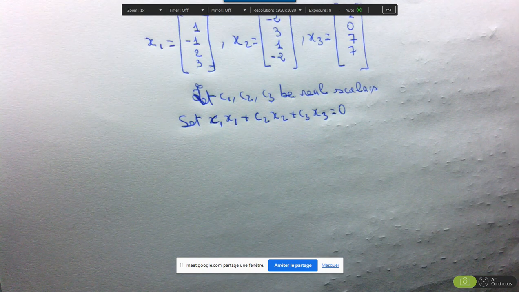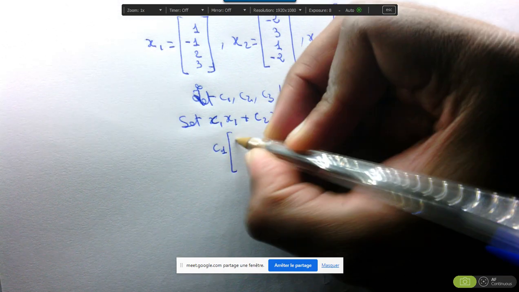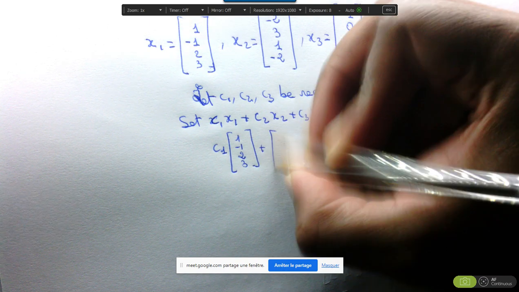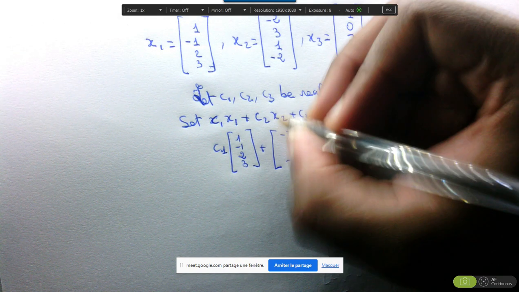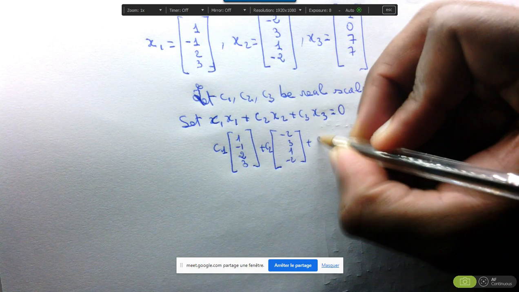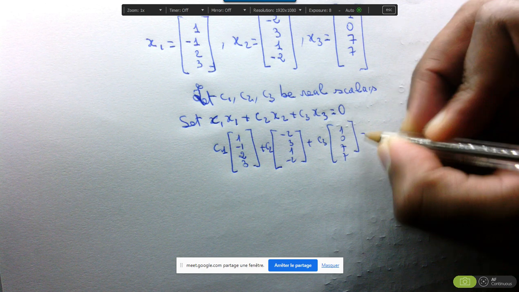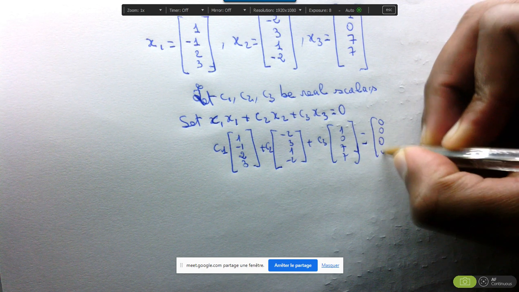So if I write it out, I can write it as 1, negative 1, 2, 3 plus negative 2, 3, 1, negative 2 times c2 plus c3 times 1, 0, 7, 7 equals to 0, 0, 0, 0, like this.